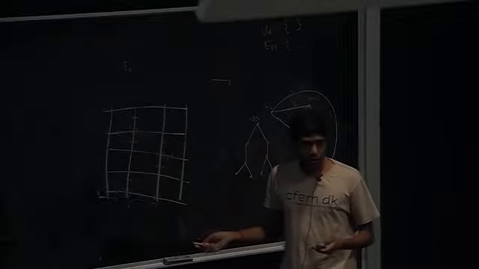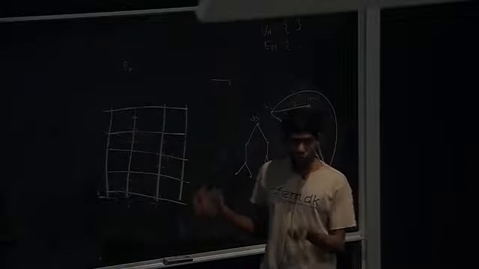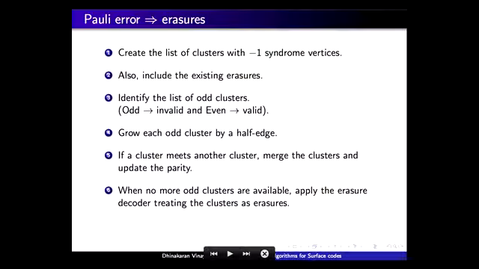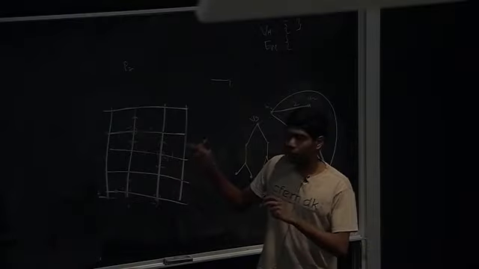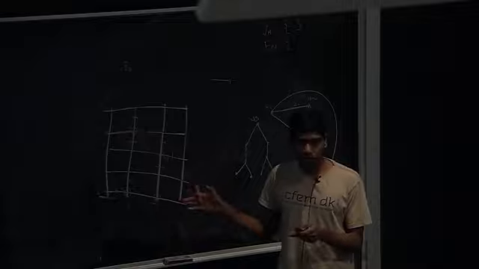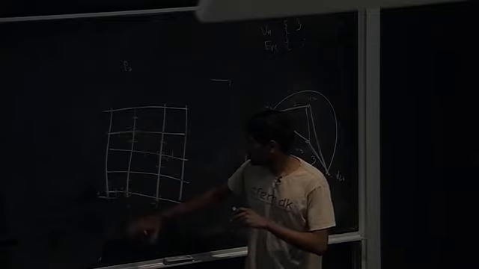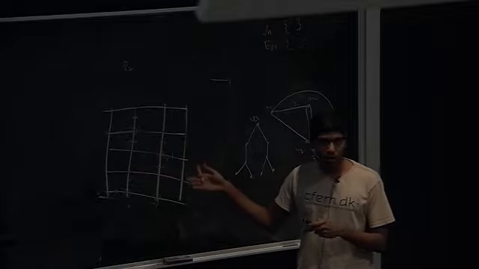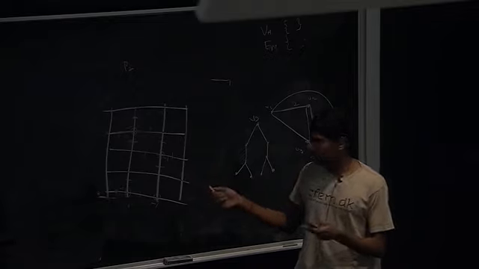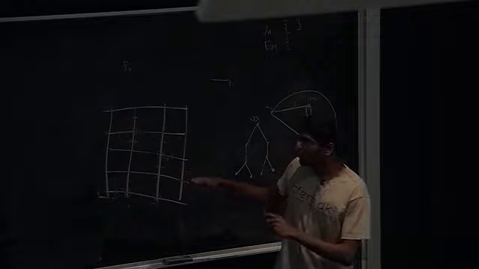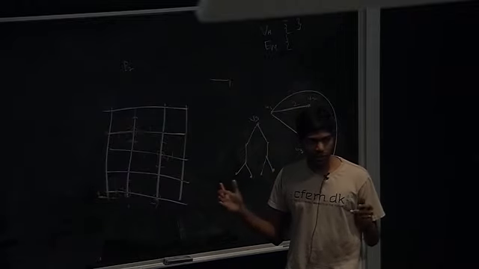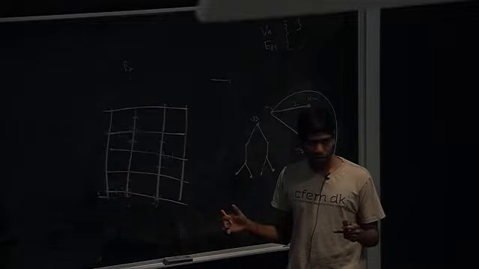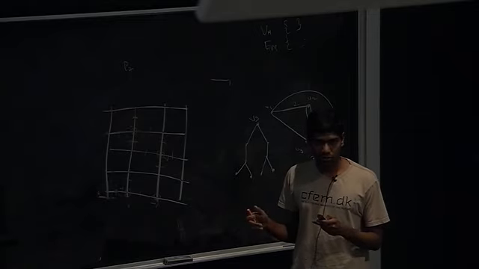You keep growing clusters by half edge at every time cycle, and when two clusters merge, you check whether they are even, and if they are even, you just treat them as erased. Then you keep doing that for all the odd clusters remaining. So the essential thing is that you keep growing the odd clusters by half edge at every time step till you run out of odd clusters.